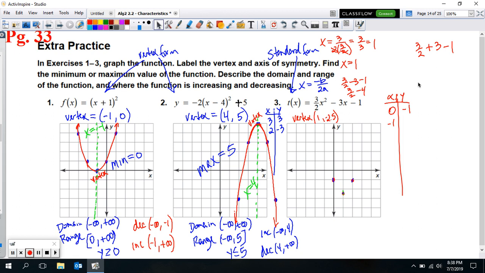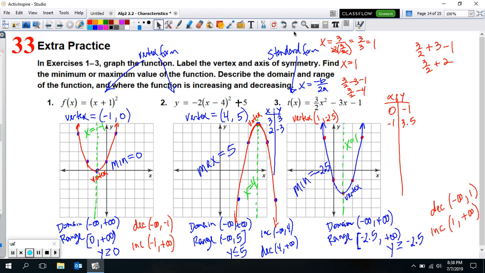So that's now just 1 times 3/2. -3 times -1 is now +3, and we still have the -1 in the back. So if I take 1 away from 3, that's going to make this into a 2. So 3/2 plus 2. That's 1.5 plus 2, which is going to be 3.5. So if you go to -1, we're going to go up to 3.5. It's going to put us right about in this area here.